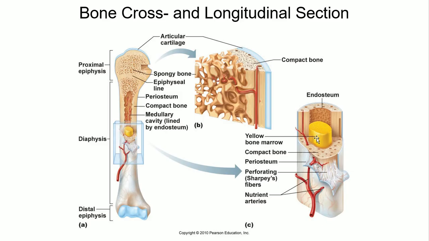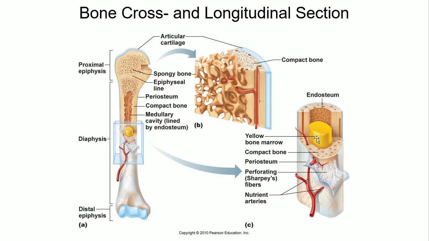So let's talk about bone marrow for a second. We have yellow and we have red marrow. Yellow is in adults. It's fatty yellow bone marrow. Doesn't do a whole lot, right? Our red bone marrow is in kids predominantly, and that's our blood cell formation, right? So in adults, our red marrow is in maintenance, but in kids, it's making all of our blood cells that we need, right?